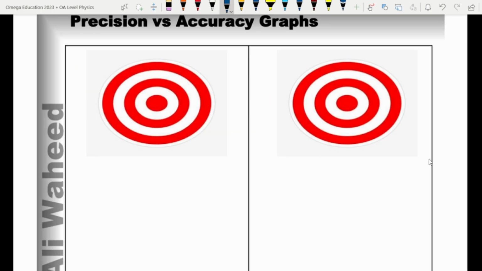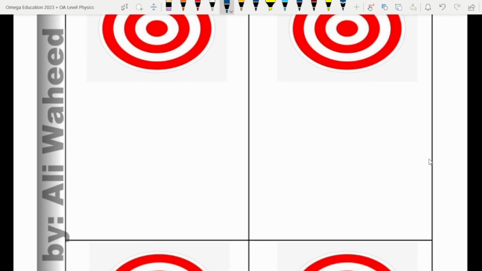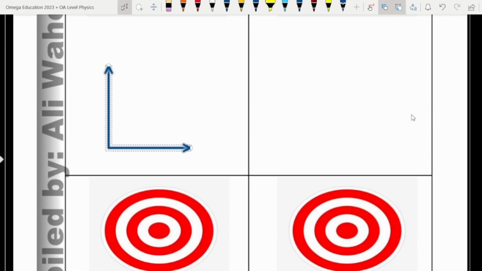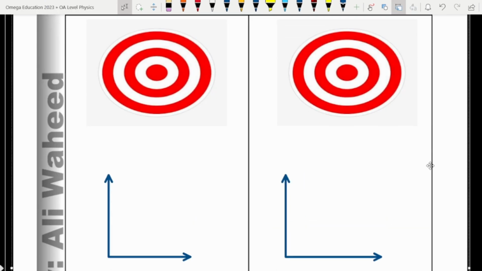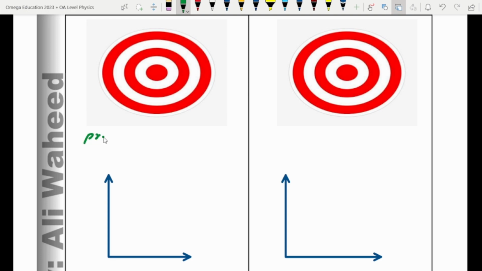Okay, let us take a look at some of the graphs here. Alright, so here we have these graphs and some pictorial representation of precision and accuracy. First one, I'm going to represent the data that is precise as well as accurate.